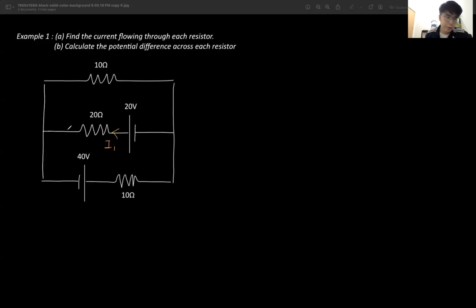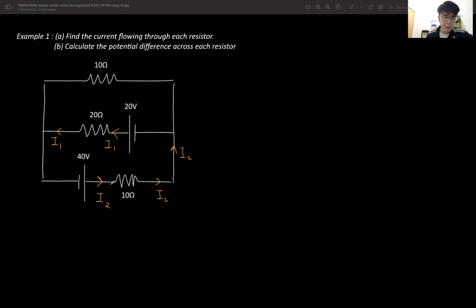I will call this I1. Same here, I1. And this battery, current coming out here, I2, here, I2. Okay, now that means here is also I2, right? So I labeled on the branch because current in one branch is the same everywhere.